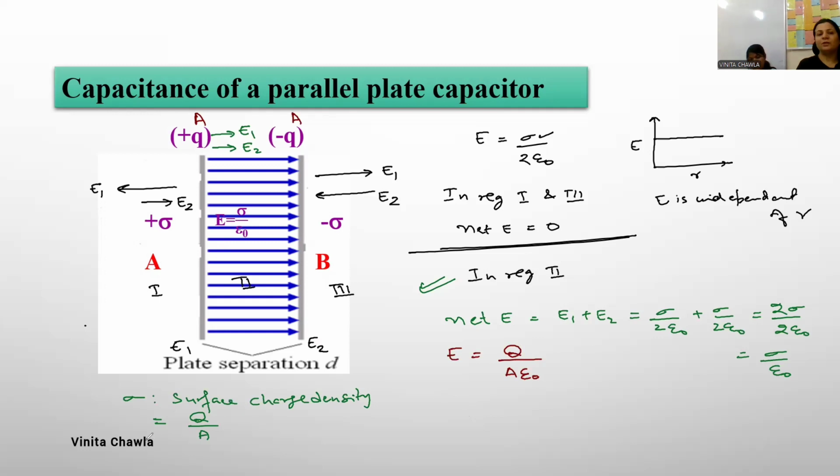Also, we know that E is minus dV by dr. It is the potential gradient. So we can write E as V upon d. So we can write V as Ed. Now put the value of the expression for E here. It is Q upon A epsilon naught times d. Done?